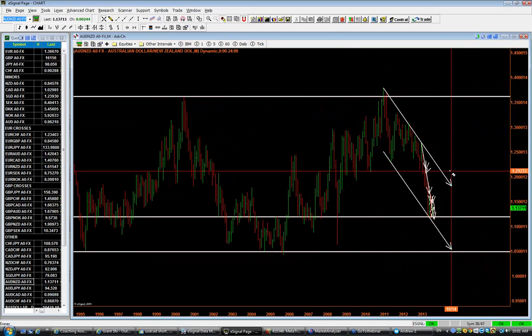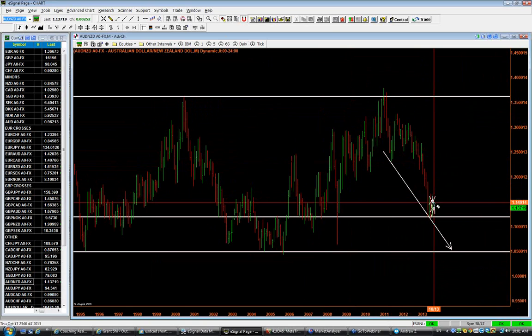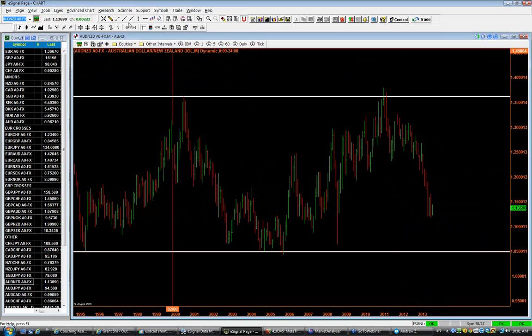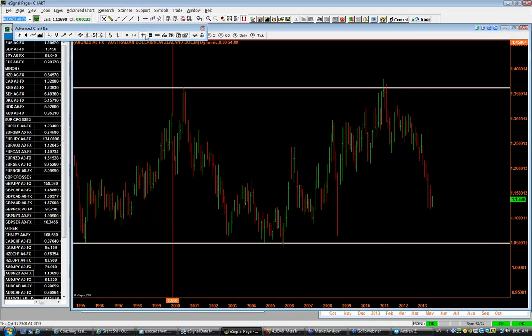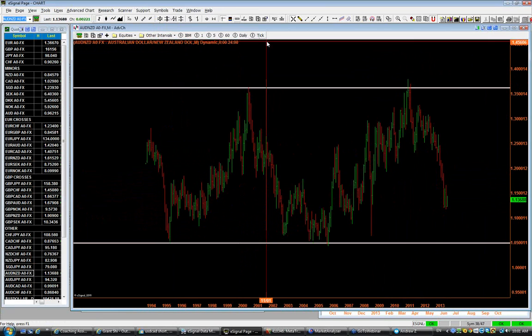I just removed all my arrows here. It's a ranging market.